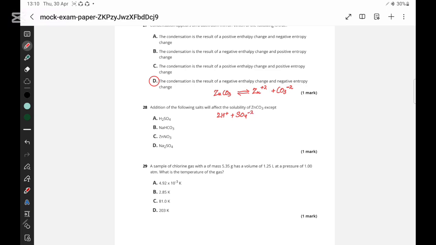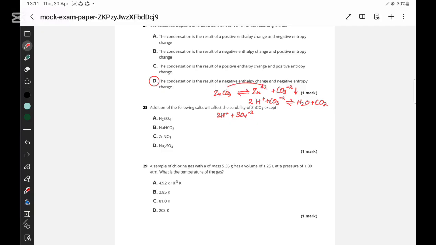These hydrogen ions would react with carbonate ions and form H2O plus carbon dioxide. So they consume carbonate ions, the carbonate ion concentration will decrease, and it would have more solubility as the equilibrium would move towards the right-hand direction.